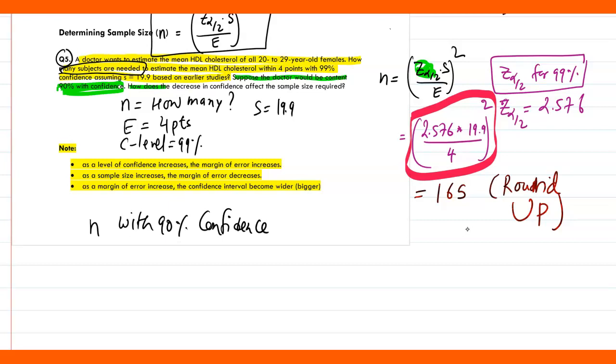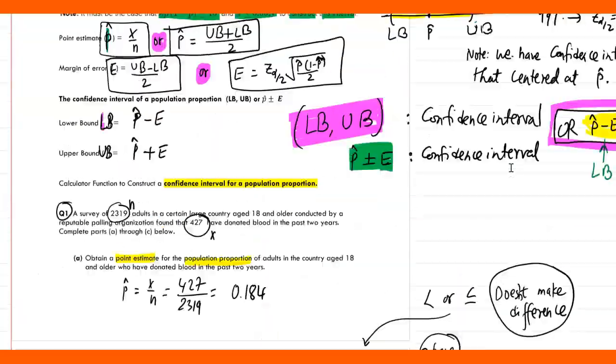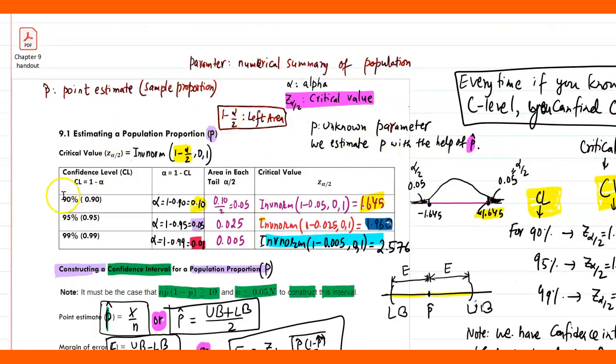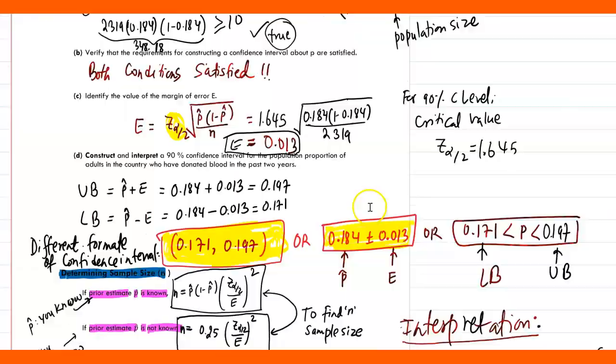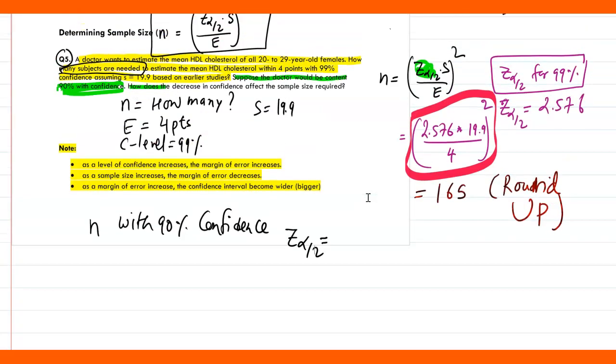With a 90% confidence level, what's the critical value? We found it before in 9.1: for a 90% confidence level, the critical value is 1.645. I'm going to use that number, 1.645.